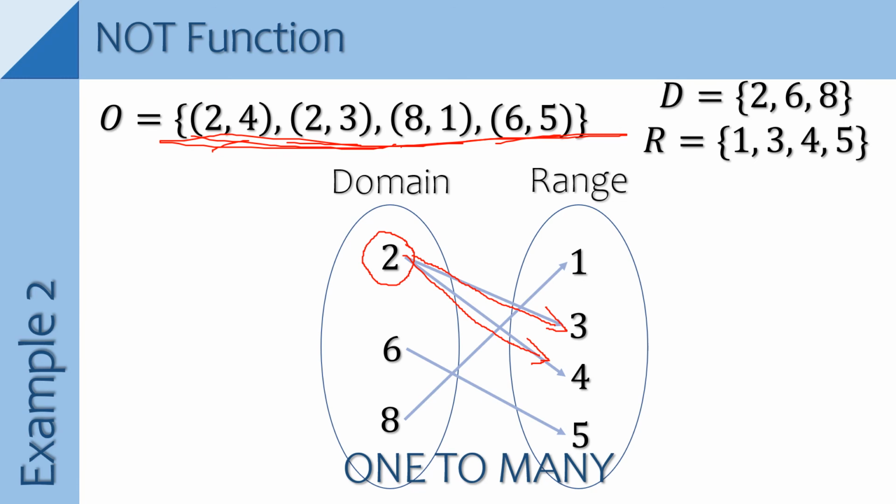Yun lang ang isang bagay na matatandaan nyo para malaman nyo kung function or not function. Yung example natin na not function, si 2, ginawa niya si 3, ginawa niya rin si 4. Kaya siya hindi nag-function. Okay, so, sa isang set, pag may isa na nag-correspond sa higit sa isang range, hindi na siya function.